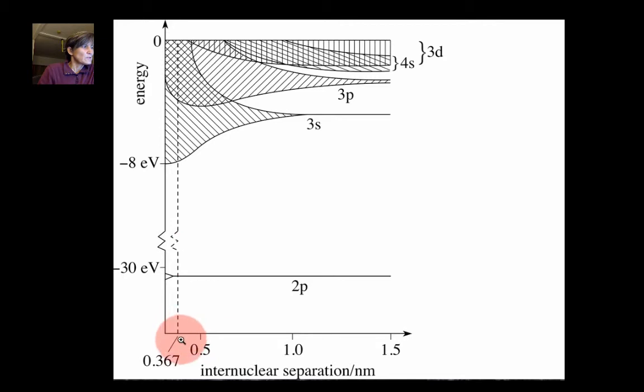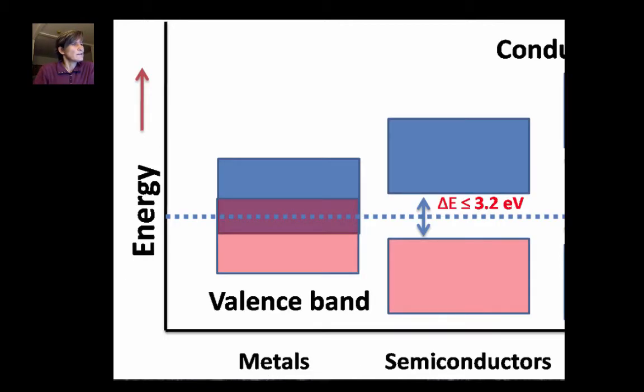Now, if we were to look at the 2s, that would also be a discrete level down here, as would be the 1s level. So when we consider pictures like this, you see these bands overlapping. These bands for a metal really represent a fairly high energy level for the electrons.